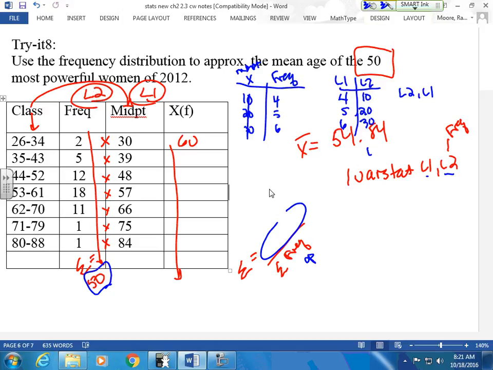But if you set it to this one, L1, L2, it's going to take the total of this column and divide that into the total of this column, which is not what you want. So you have to remember which one is your frequency because of the way we worked it out by hand. Are we good with this? Anybody not? Okay.